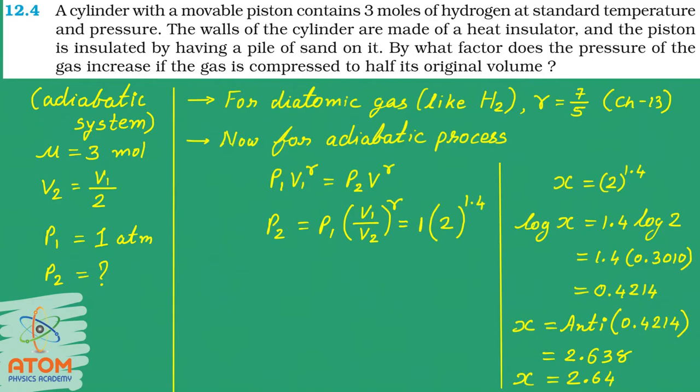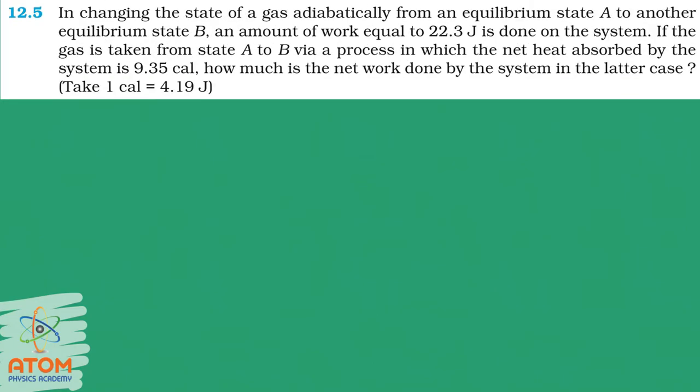So x is 2.64, that means 2 raised to 1.4 is 2.64. So that I can place in the equation and move forward, that P2 will be equal to 2.64 atmosphere. That is our answer. Now let us see question 12.5.